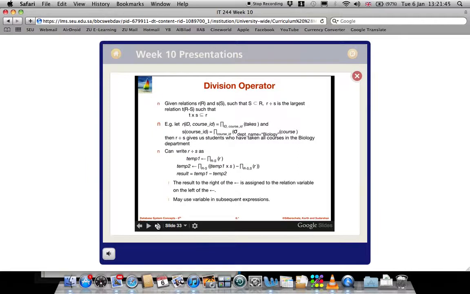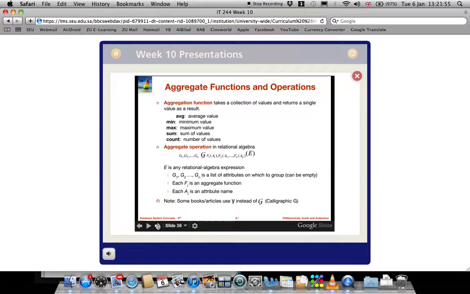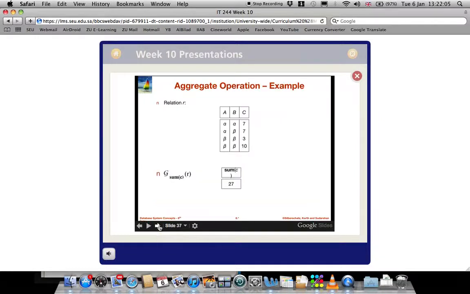Division operator, don't worry about this. Generalized projection and aggregation, please read them. Just know what aggregation is in this week, without needing to look at the examples.